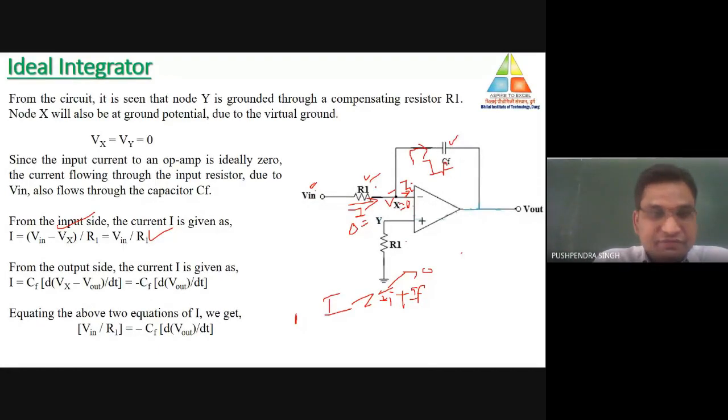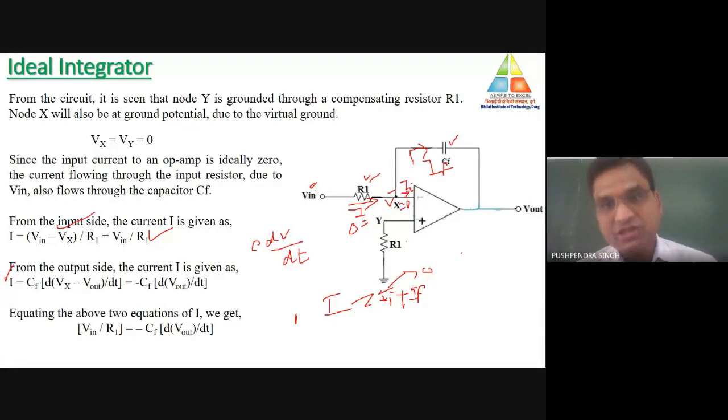Now current IF, which we have denoted here, is the same as current I because both the currents are the same. So the current across the capacitor will be C dV by dt, where V is the difference in voltage at the different terminals of the capacitor.